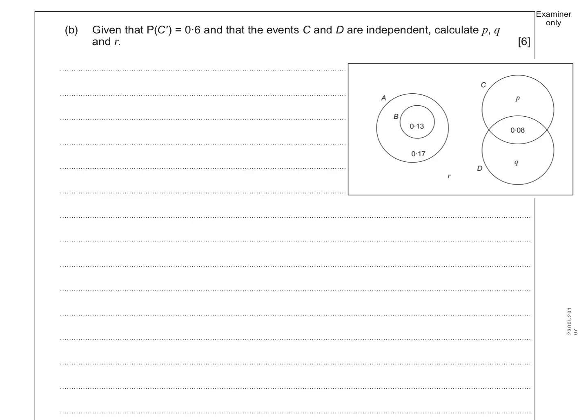So we know that if the probability of not C is 0.6, this tells us that the probability of C is 0.4, sorry. Probability of C is 0.4.